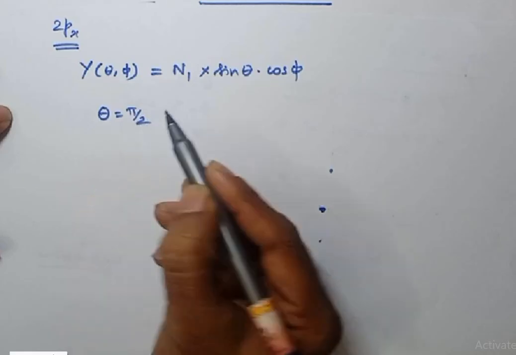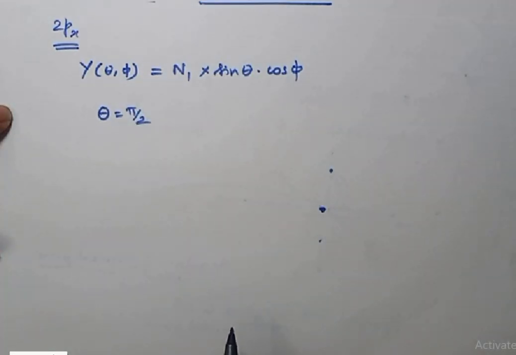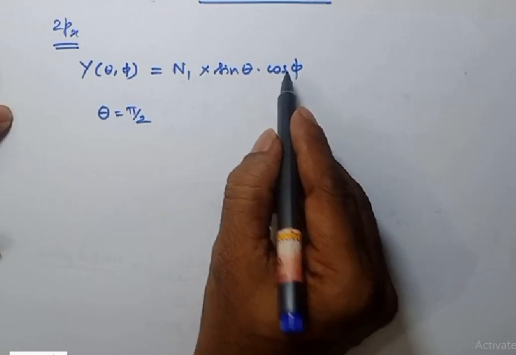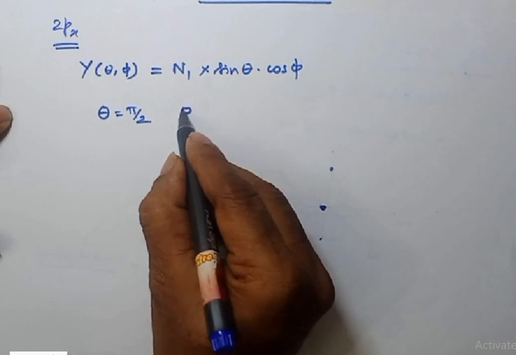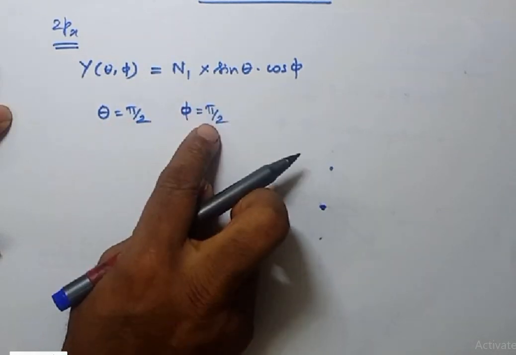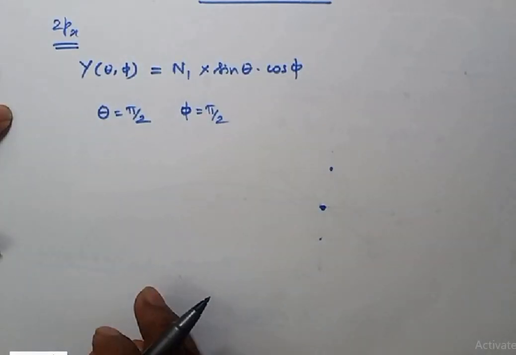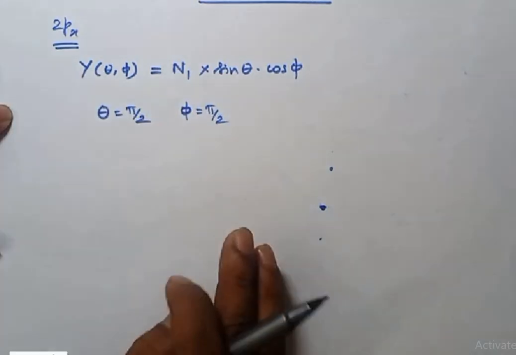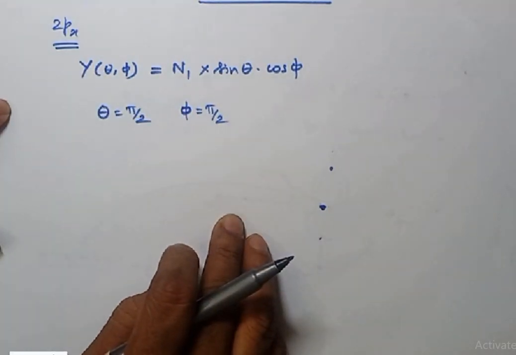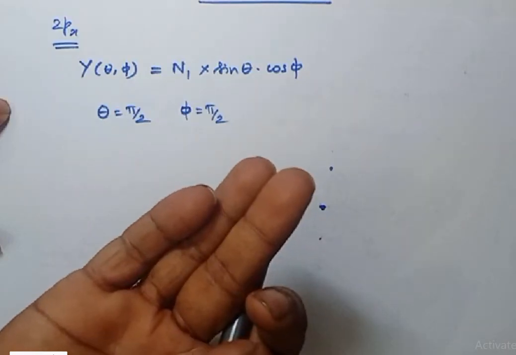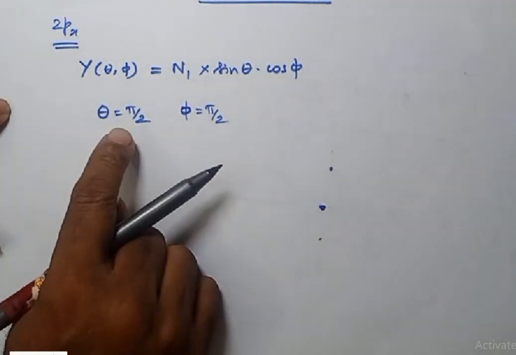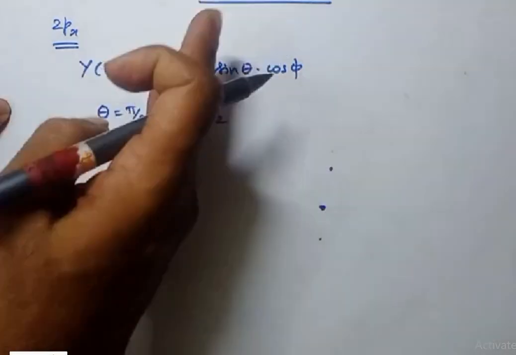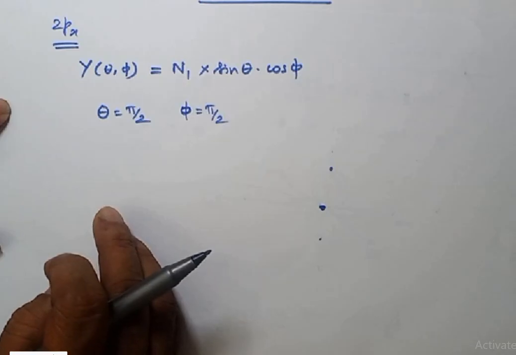Theta pi by 2 is the xy plane, and phi pi by 2 means along the y axis.